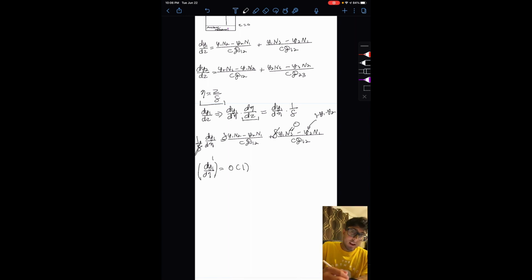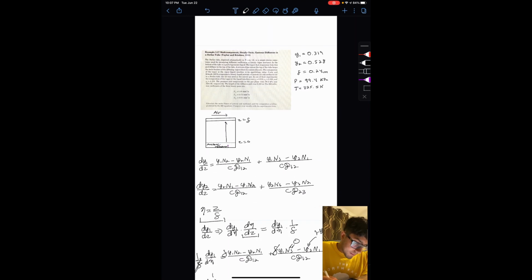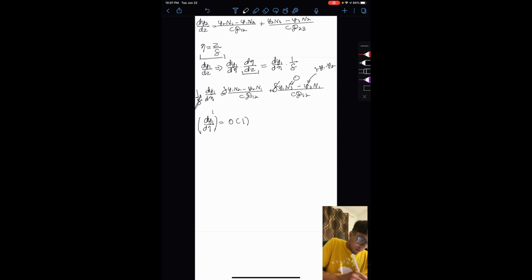So for the right-hand side, we have to get an order of magnitude of 1, because we're trying to find the molar fluxes of acetone and methanol. So we're going to write dy1 over d eta as approximately y1 times the fluxes divided by the concentration and the Stefan-Maxwell coefficient.